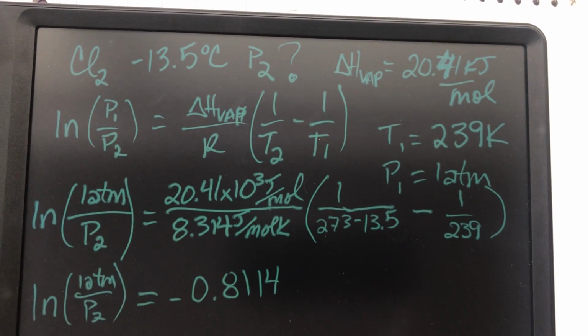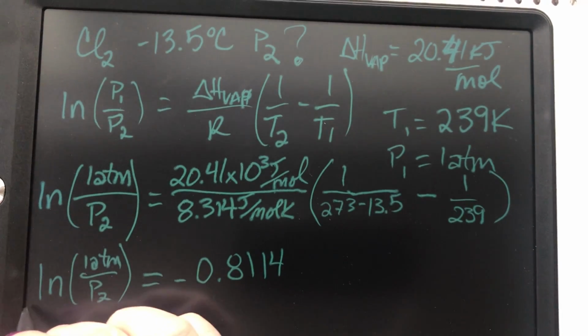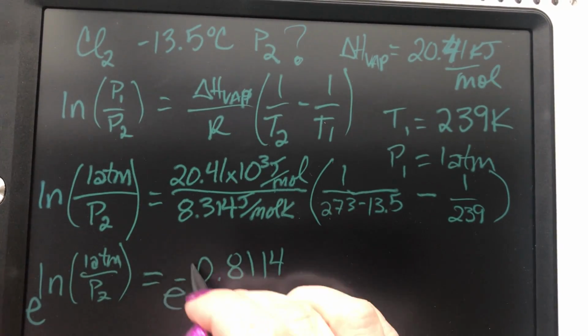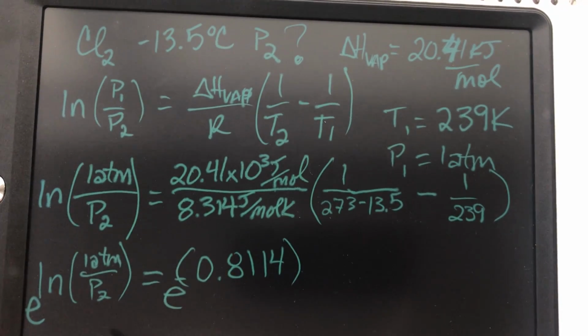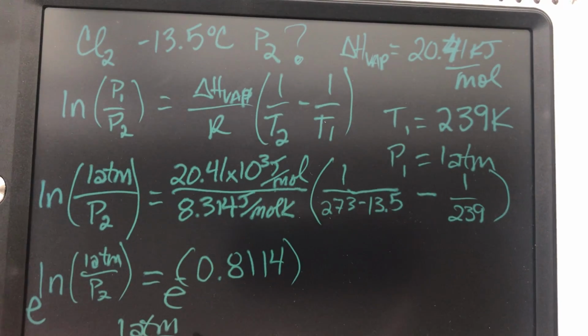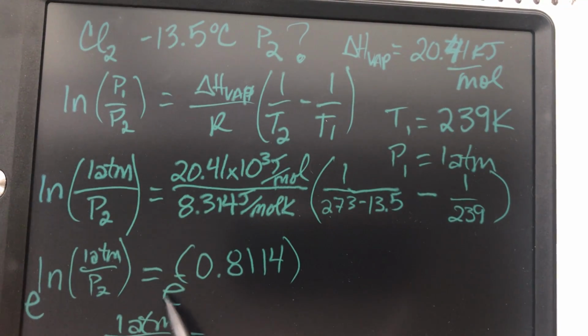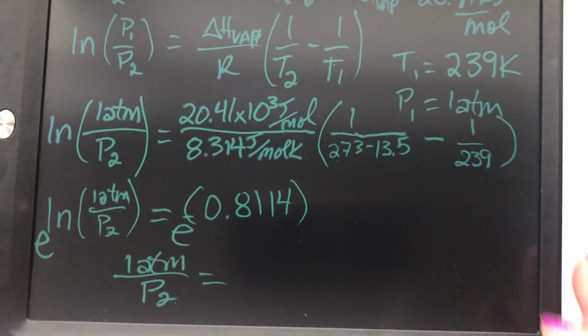And so how do we get rid of a ln? E. Yeah, so we need to raise both sides to the E, right? And then we'll have 1 ATM over P2 is equal to E to the negative 0.8114.